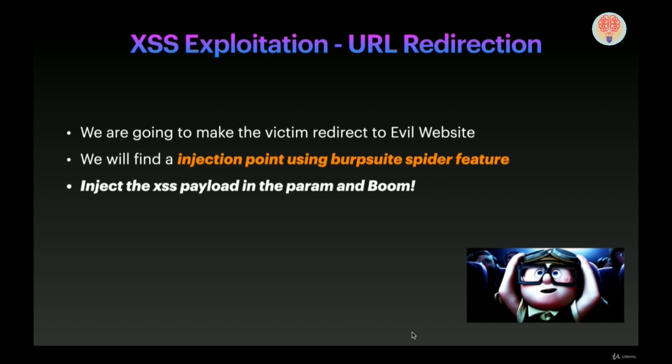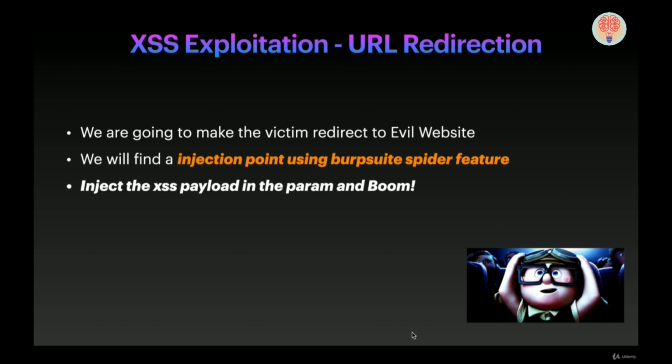Basically, we will find an injection point. We can find it either manually or using the Burp Suite spider feature. You guys already know how to use the Burp Suite spider feature and take parameters from that. After finding a parameter, you have to inject the XSS payload in the parameter. And further, you have to check whether you are able to exploit the XSS.